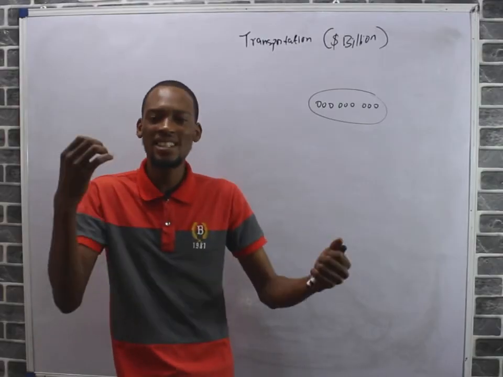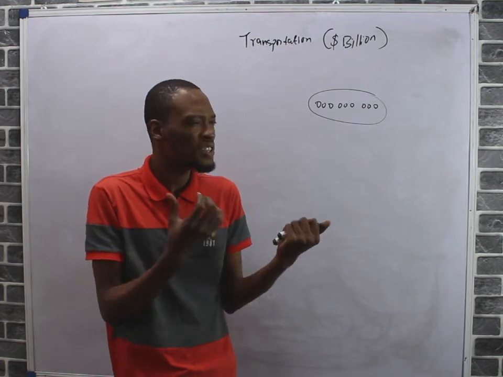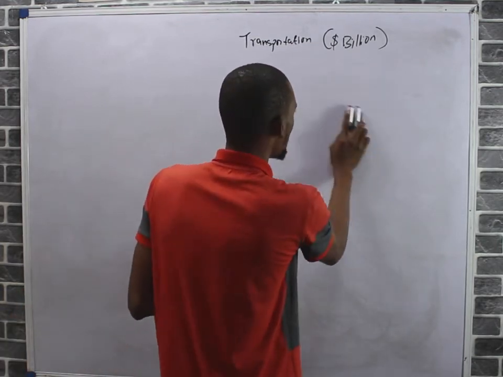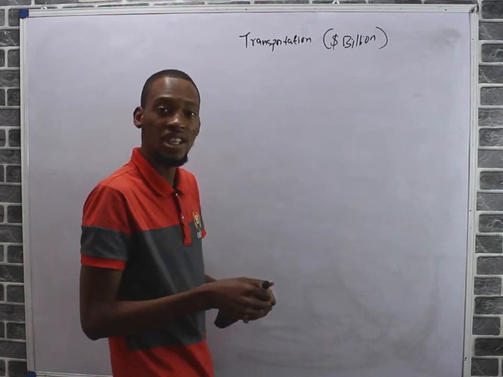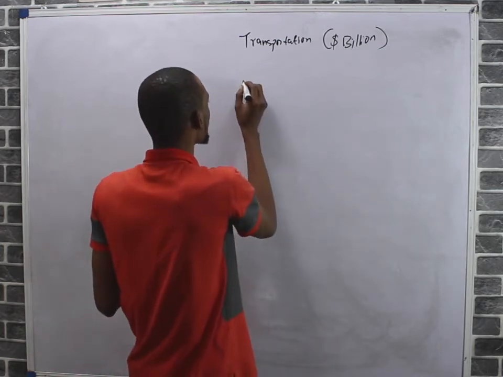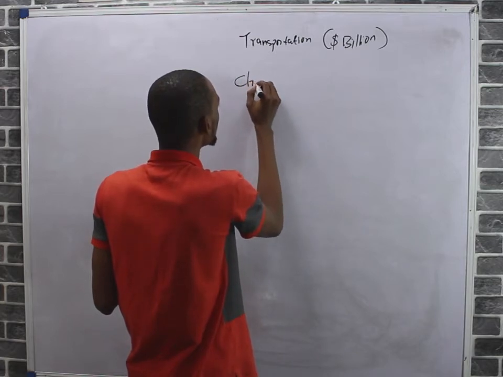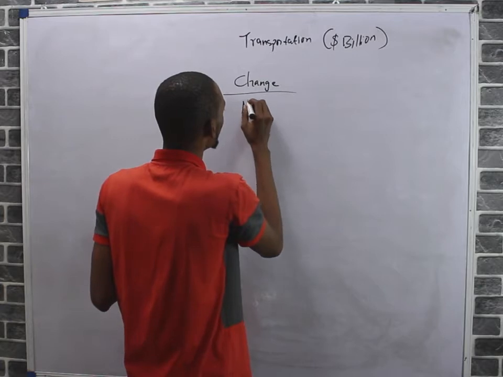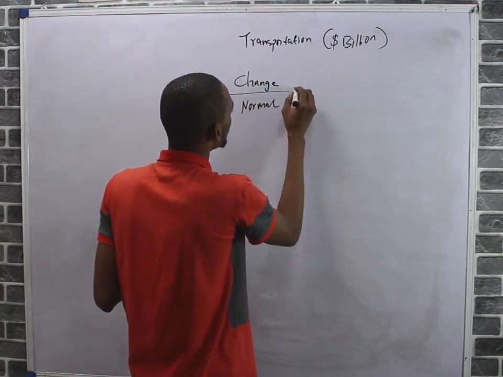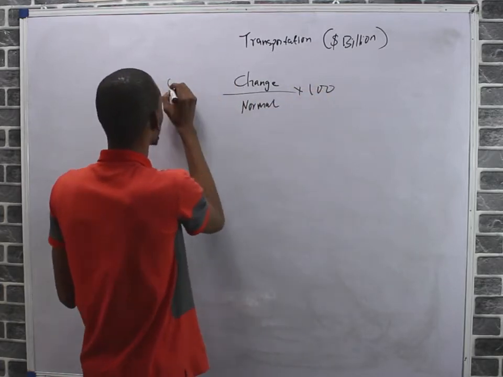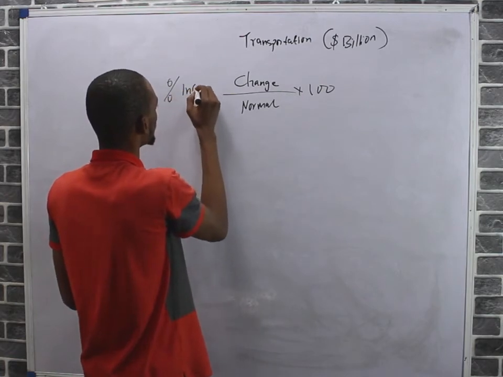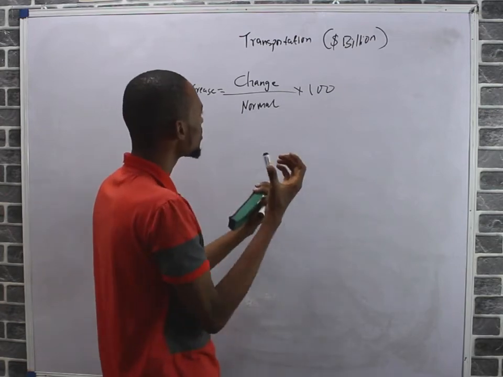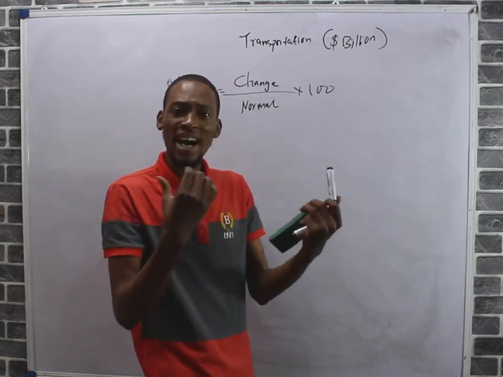Percentage increase. What is percentage increase? Percentage increase or change is simply change over normal times 100. That is percentage increase. Change over normal or change over how it was.